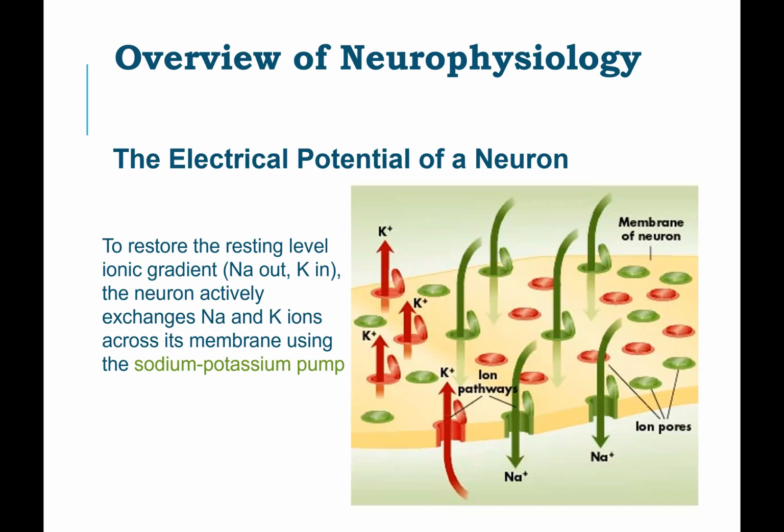The in and out here are, so basically above is within the cell, below is outside of the cell in this weird plot. But what it does is that the refractory period basically pushes the cell back to the resting state, right? And this happens by the sodium potassium pumps.